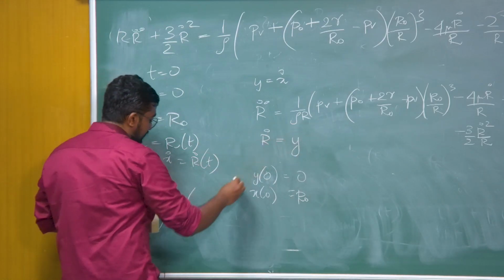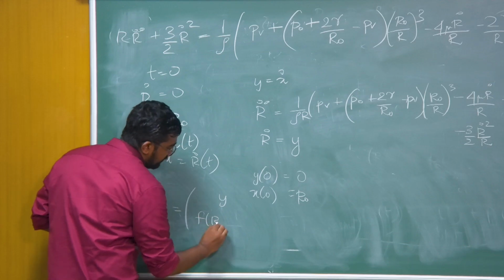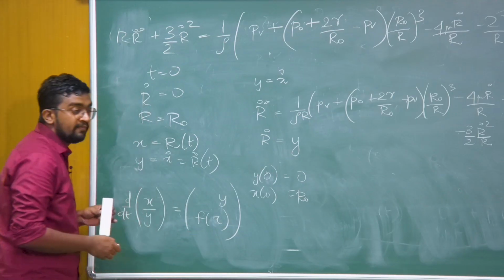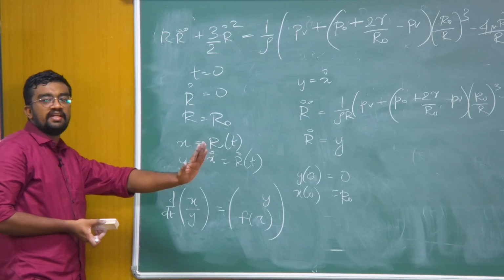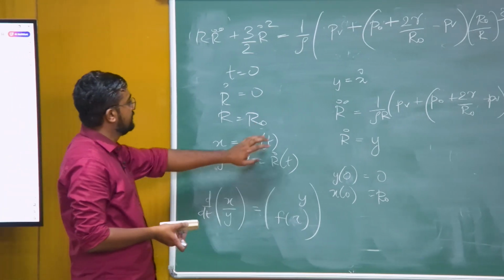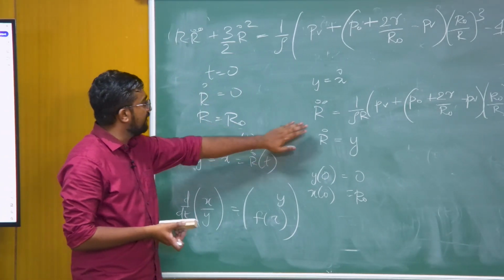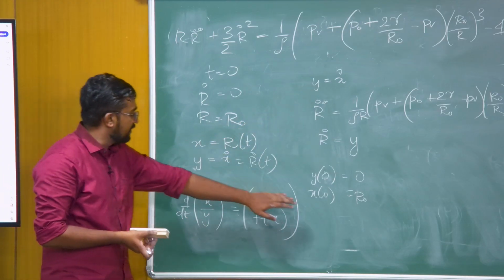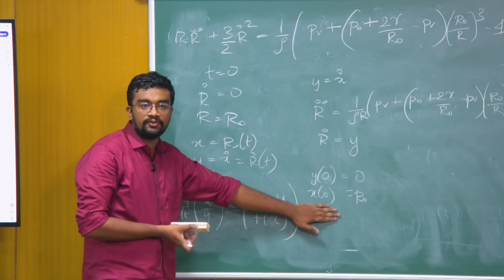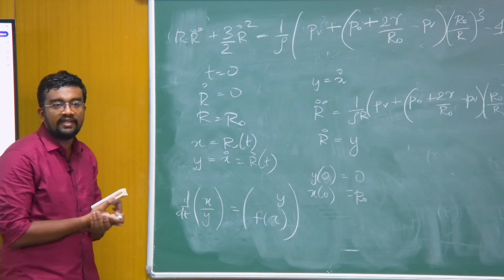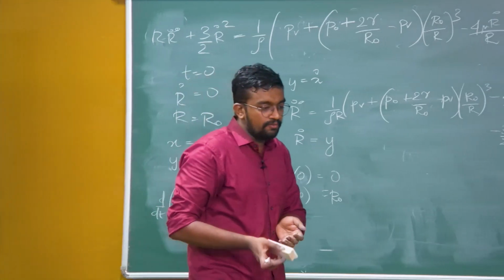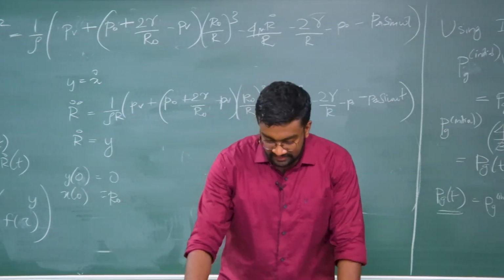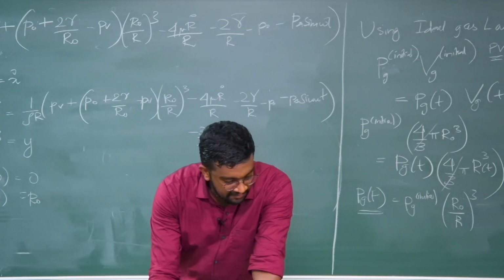I will call this as f of x. So, we will input this as a matrix into MATLAB with initial conditions that x is r 0 at t equal to 0 and y is 0 at t equal to 0, and then we will solve the equation. So, what we will get are some interesting curves, we will see.